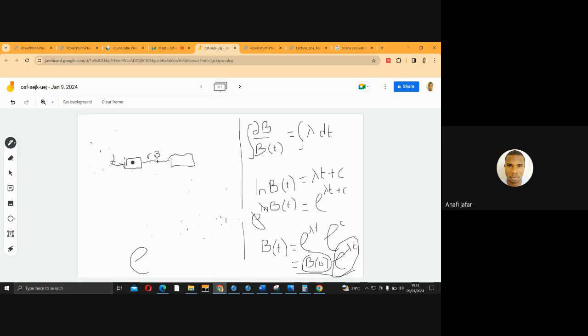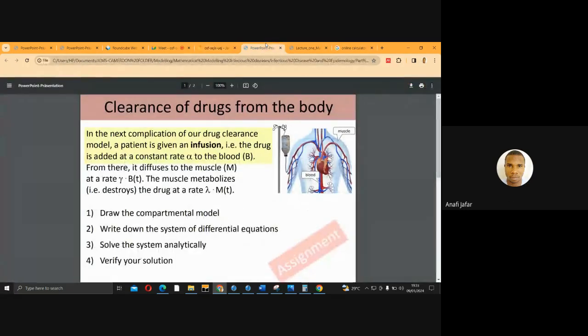This B is compartment 1. This 2 is M. Then what?